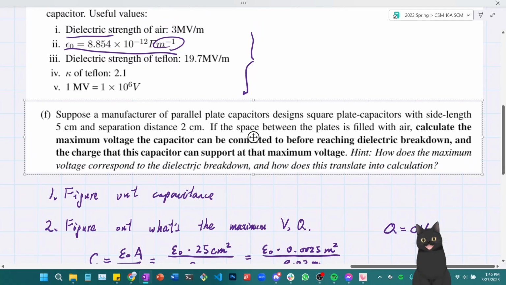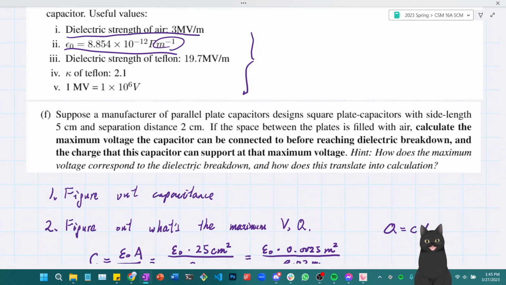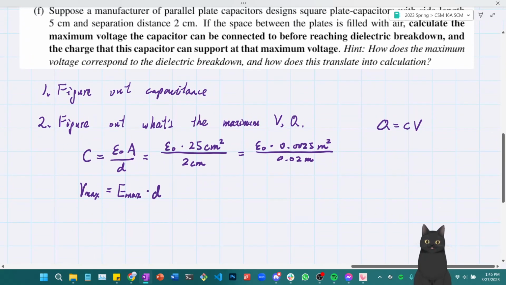We know that the dielectric strength of air can be at most 3 megavolts per meter. So this is equal to 3 times 10 to the 6 volts per meter times 2 centimeters, which is 0.02 meters. So this is approximately equal to 6 times 10 to the 4th volts.